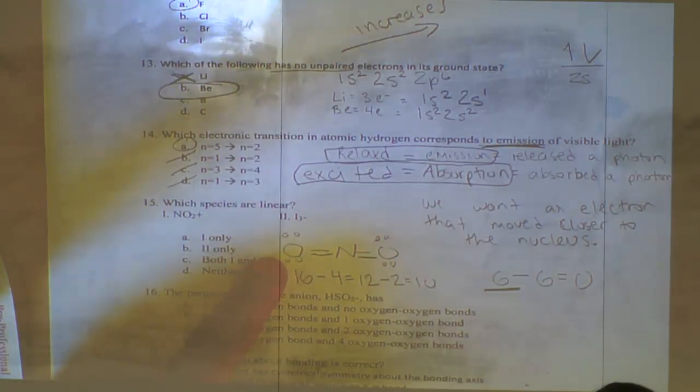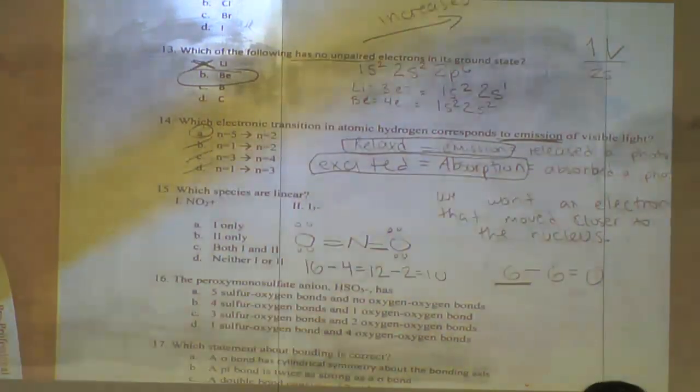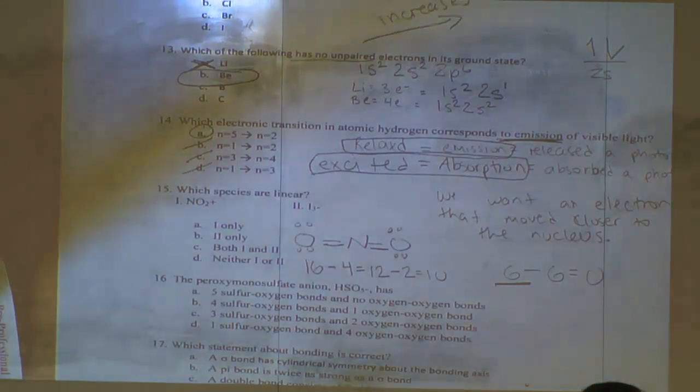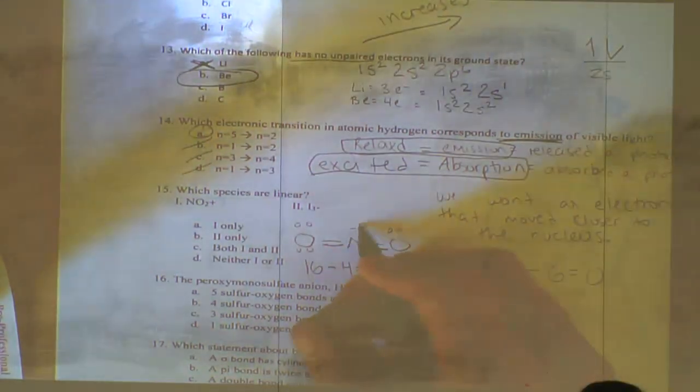What's the formal charge of the other oxygen? Also 0. What's the formal charge of this nitrogen? Try using that technique to find the formal charge of that nitrogen. It's going to be the plus. Can it be negative? Yeah, you can have a negative formal charge. So for nitrogen we got -3. We all agree with that?